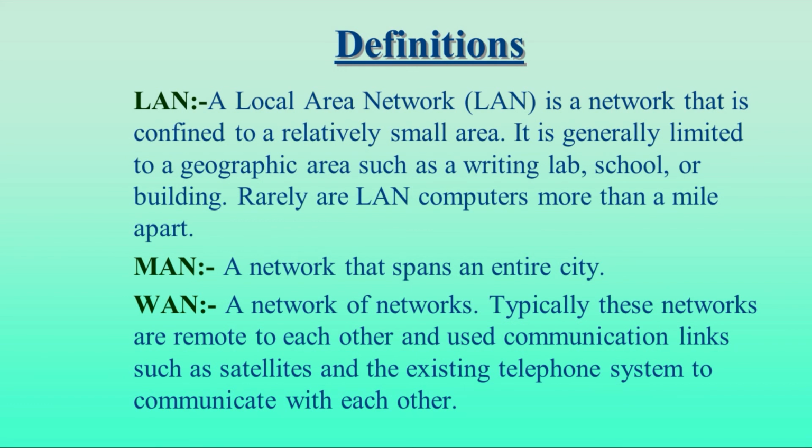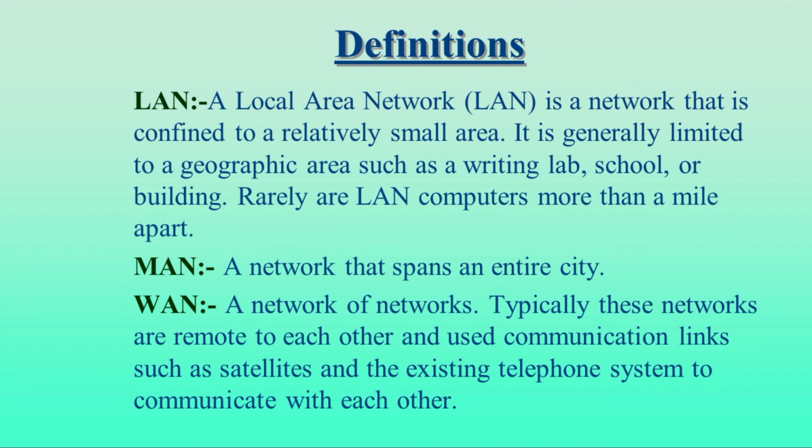A local area network, LAN, is a network that is confined to a relatively small area. It's generally limited to a geographic area such as a writing lab, school or building. Rarely are LAN computers more than a mile apart. Then the next one, MAN.